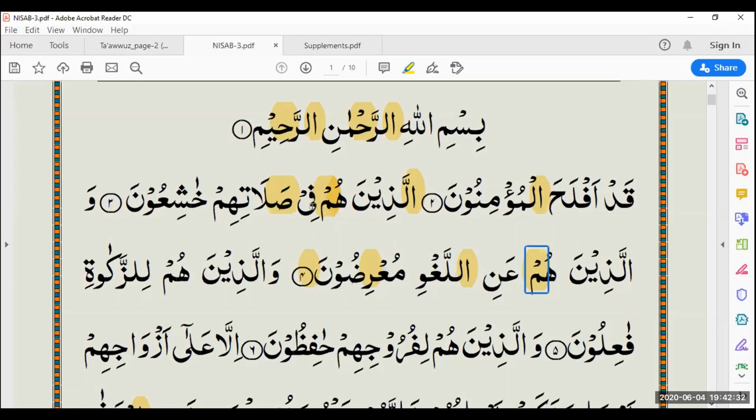Okay, so the sound of the meme sakin would be pronounced clearly for 1 second only. Okay, because if this meme was to have meme or ba next to it, at this point we have fa. Okay.